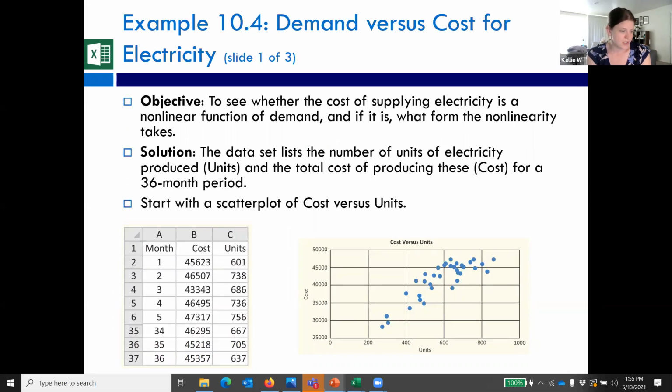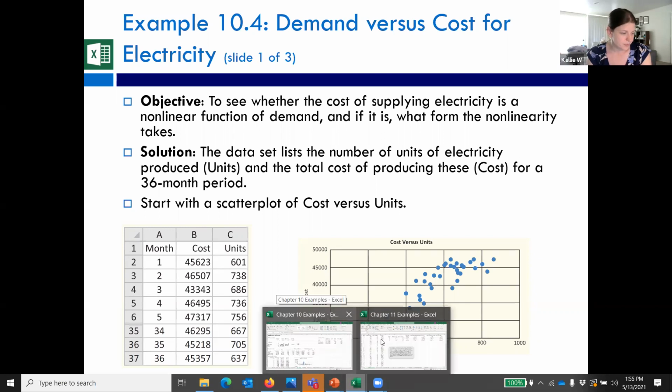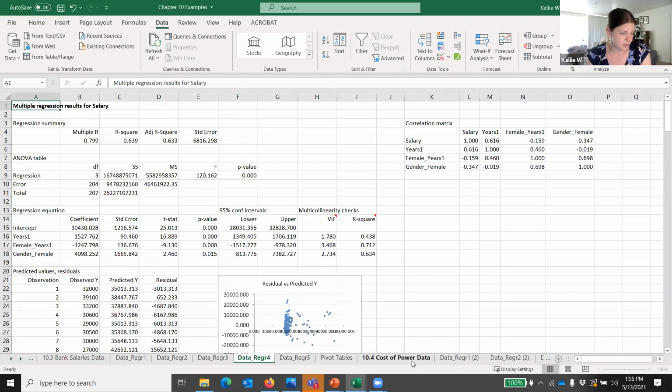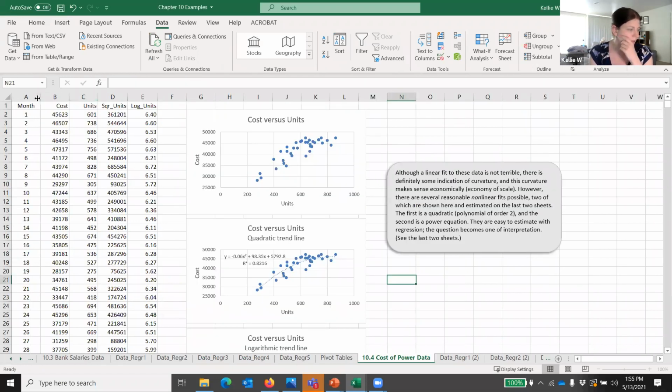It's interesting that they chose this particular example, but that's okay. Okay, here's your power data. Originally, it's just the month, the cost, and the units.